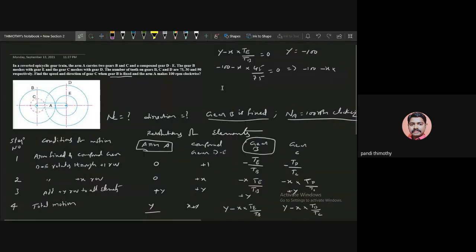So minus 100 minus x into 0.6 is equal to 0.